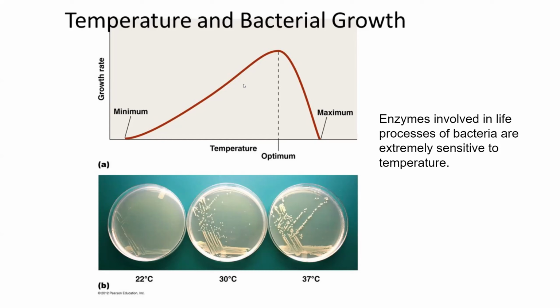At 30 degrees, a substantial amount of growth. And then at 37 degrees, the optimum, there is a lot of growth. It means that the bacteria itself favors this 37 degrees Celsius. What is 37 degrees Celsius? It's our human body temperature. So this organism usually lives in or on our skin.